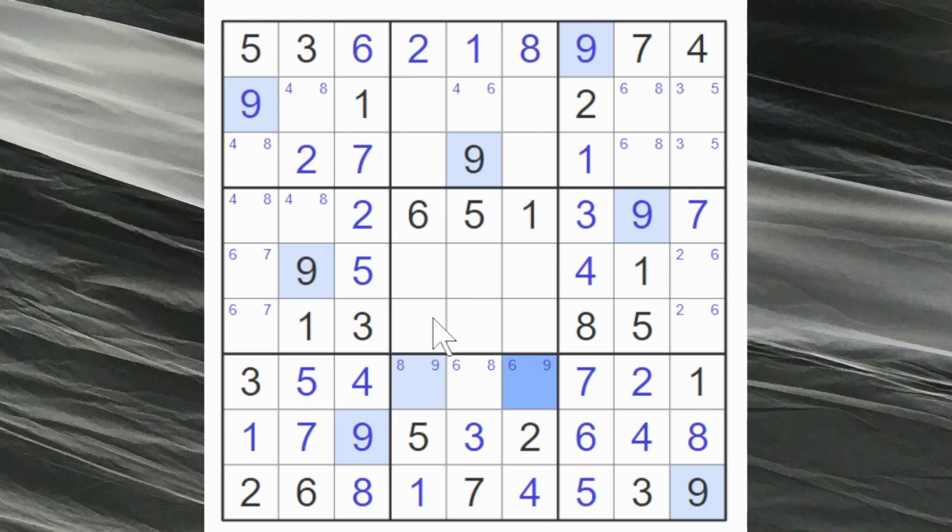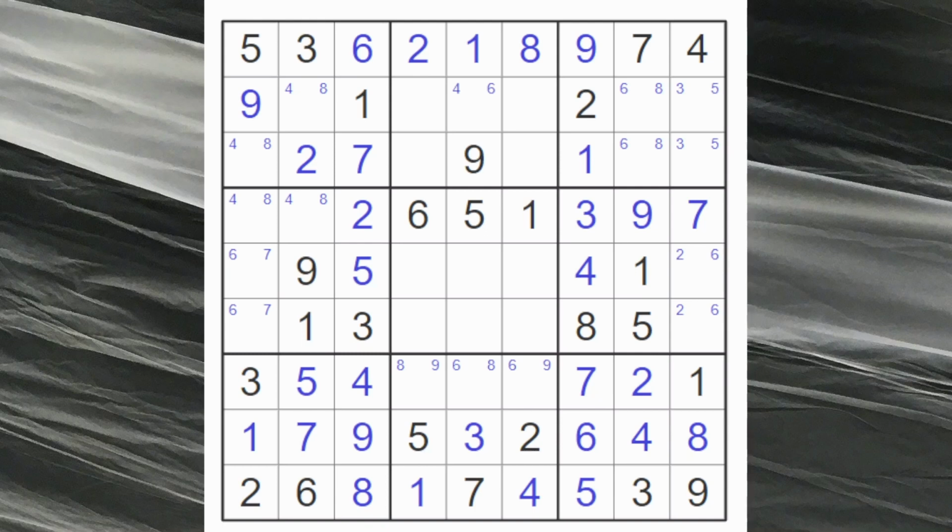So now let's see what we can do. This row here, we need to find 2, 4, 6, 7, 9. 2, 4. I don't seem to be able to input anything here if I want to go with bi-value cells only. So let's look at the middle row instead.